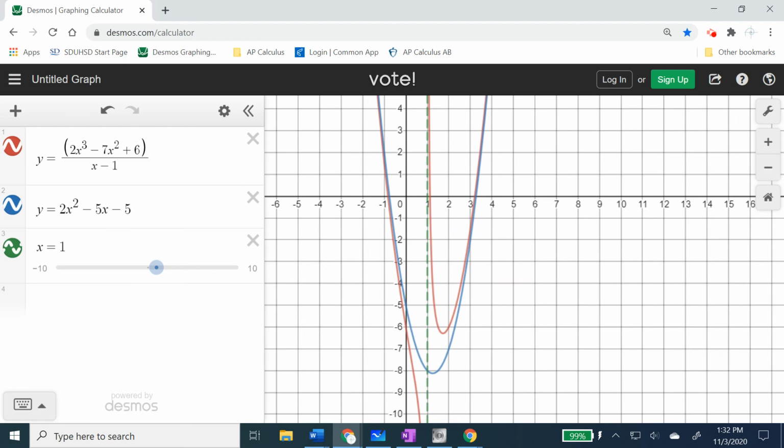about some of what the graph looks like. The remainder holds the graph back from being able to be this parabola. But otherwise, if it weren't for that remainder, you would be able to create this parabola graph with a hole in it.